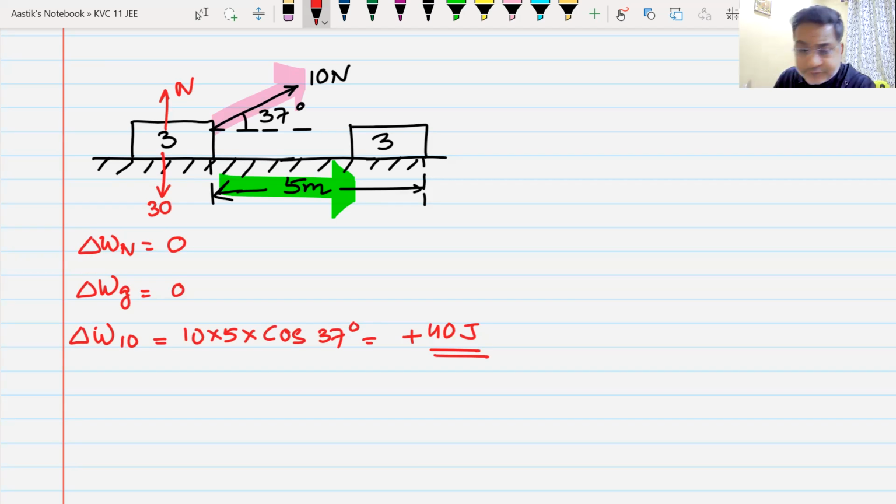Everyone noted this down? Have you understood what problem we were facing and what we were doing right and what we were doing wrong? Okay, so this is the question.